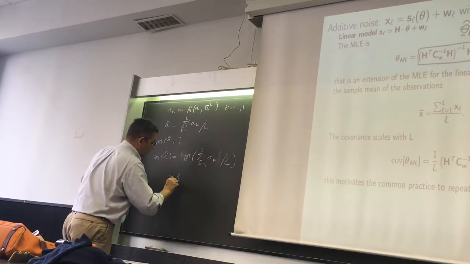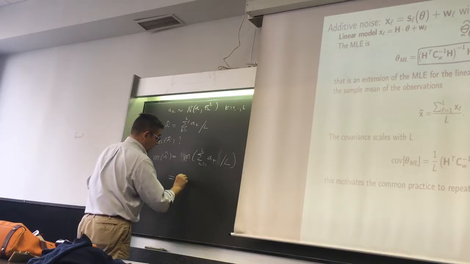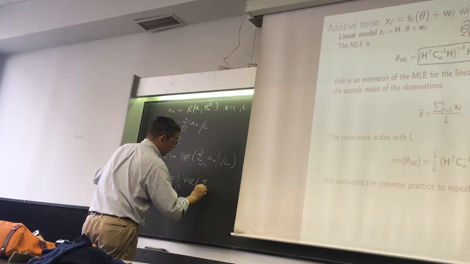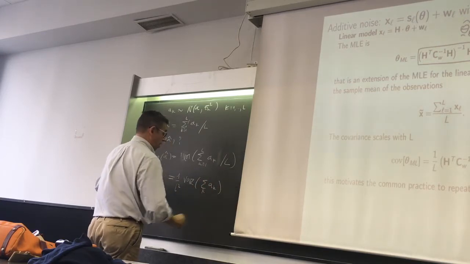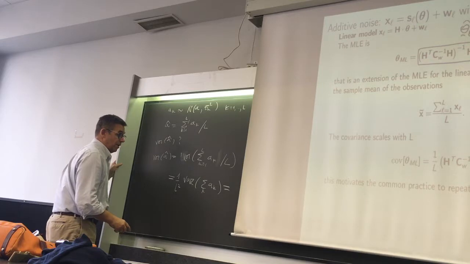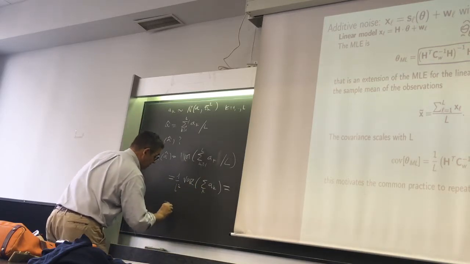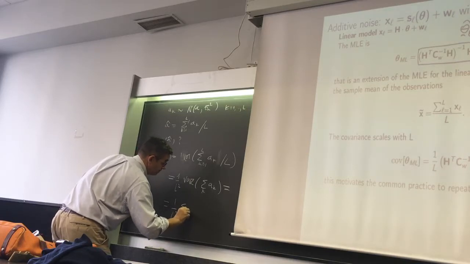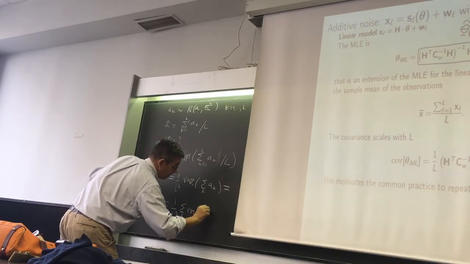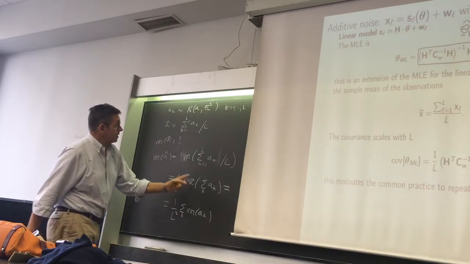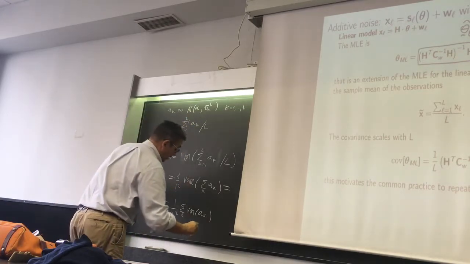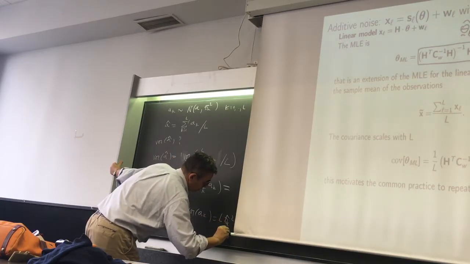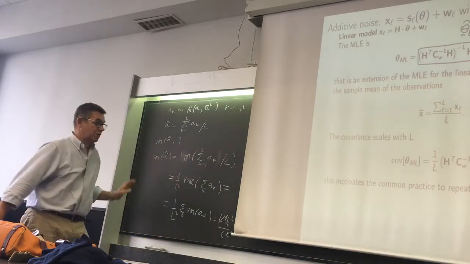So this is equal to 1 over L squared, and I can calculate the variance of the sum. Since they are all independent, the variance of the sum is equal to the sum of the variances. But they are all the same, so that is equal to sigma A squared. So that is L times sigma A squared divided by L squared, which makes it 1 over L.